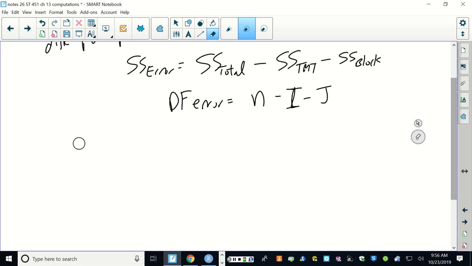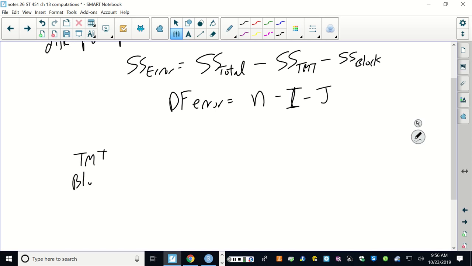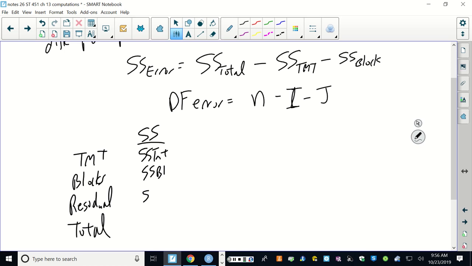So in our ANOVA table, we'd have treatment, we'd have blocks, and we'd have residual or error, and then total. And we'd have the sum of squares for these things: sum of squares treatment, sum of squares block, sum of squares error or residual. I'll write error since I wrote it up there.